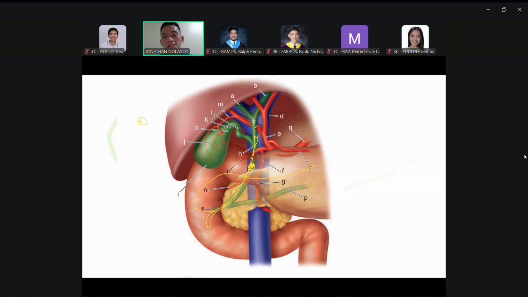Then there's no access upstream. Then the option would be to do it the other way, go from above, passing through the liver, and then puncture a bile duct within the liver, and then thread that tube downstream.